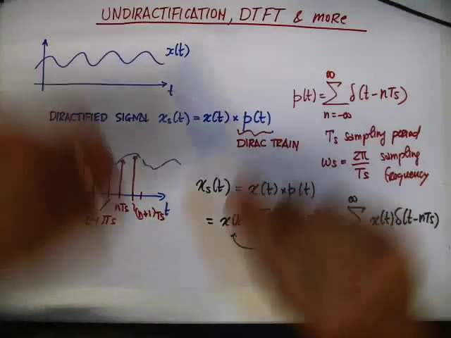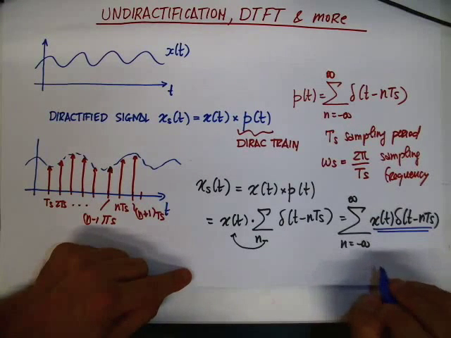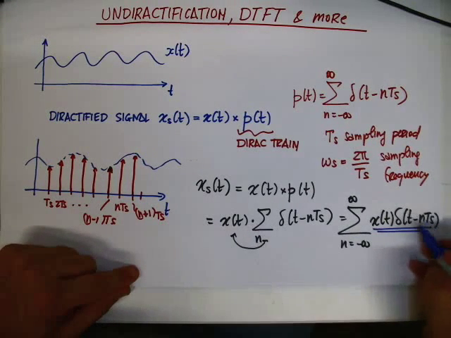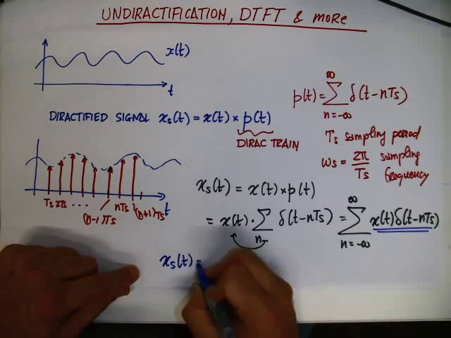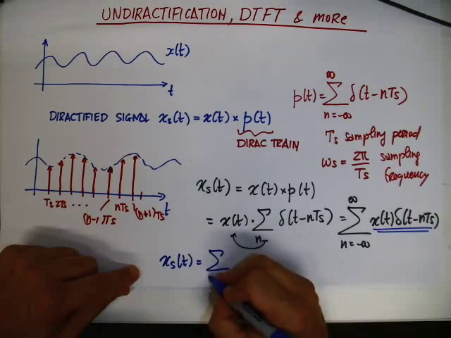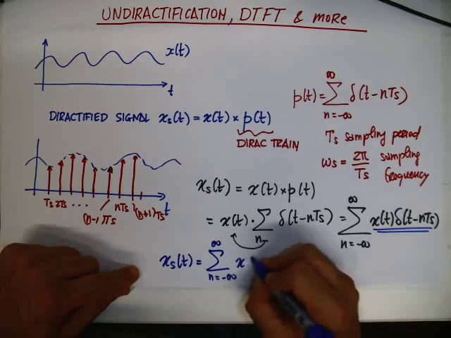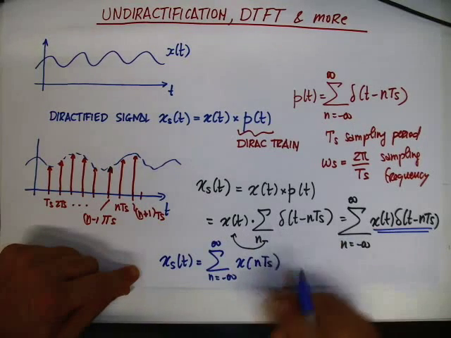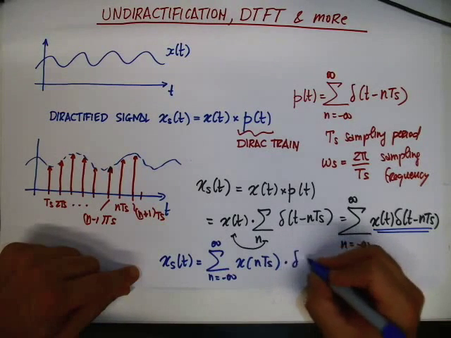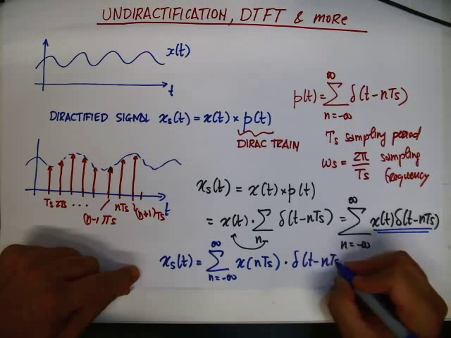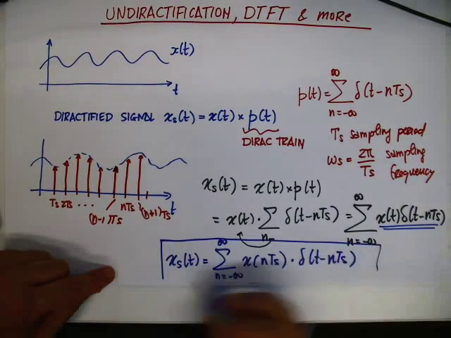Now I apply the sampling property of the delta function, and so the final result is that the discretized signal is given by the sum from n equals minus infinity to infinity of x computed at n times ts, times delta t minus nts. And this is my discretized signal.